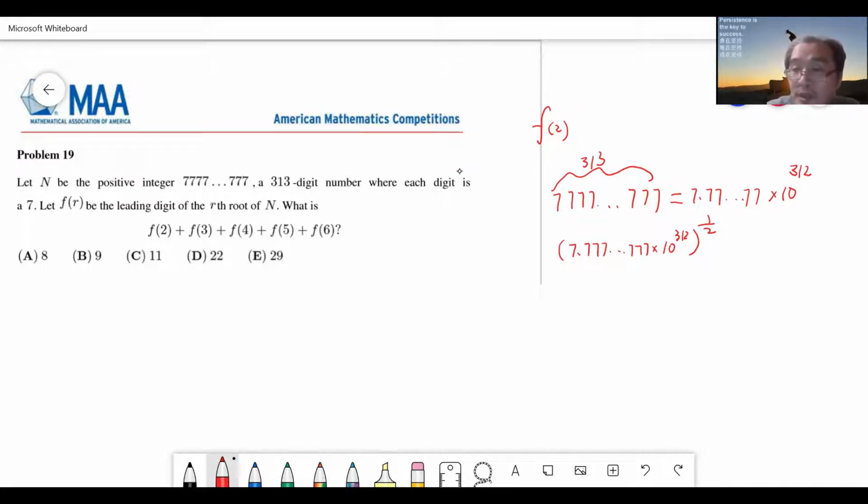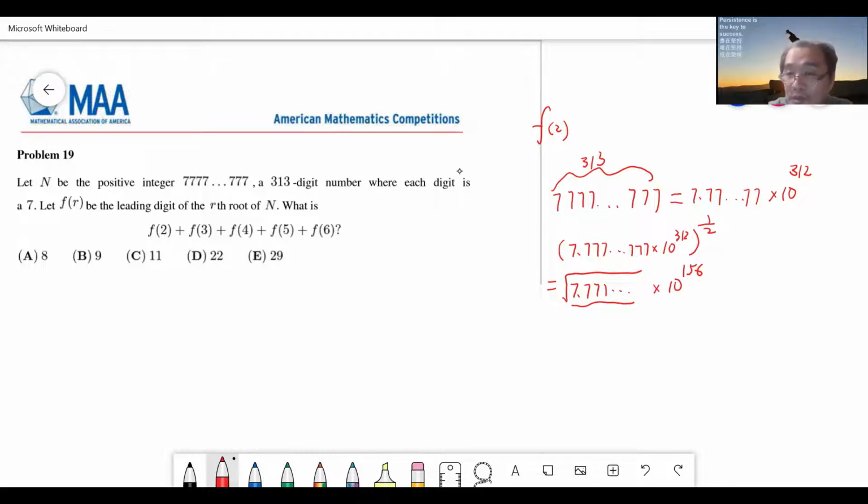So this is equal to the square root of 7.77 times 10 to the power 156, right? You can see here, this gives us an integer.